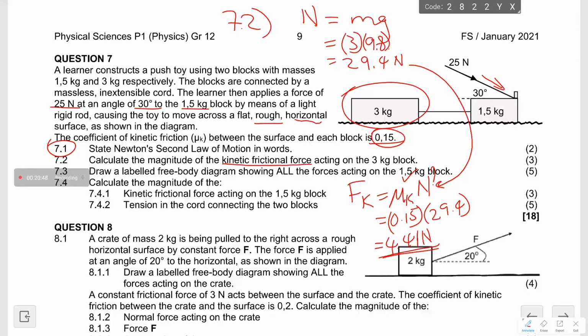And then of course we move on to the next question, which is 7.3, which is now asking us to draw a labeled free body diagram showing all the forces acting on the 1.5 kg block. So whenever we talk about the free body diagram, it simply means we are representing the object as a dot.